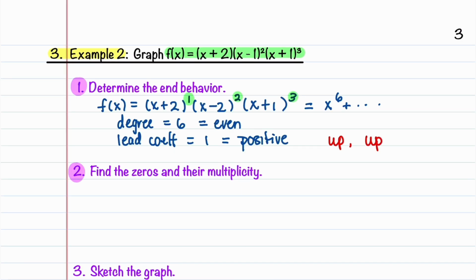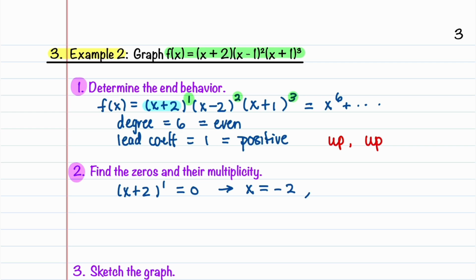Now let's find the zeros and their multiplicity. We're going to take each of our factors and set it equal to 0. Let's look at our first factor, x plus 2. We're going to set that equal to 0, and we'll solve for x. And this gives us x is equal to minus 2.